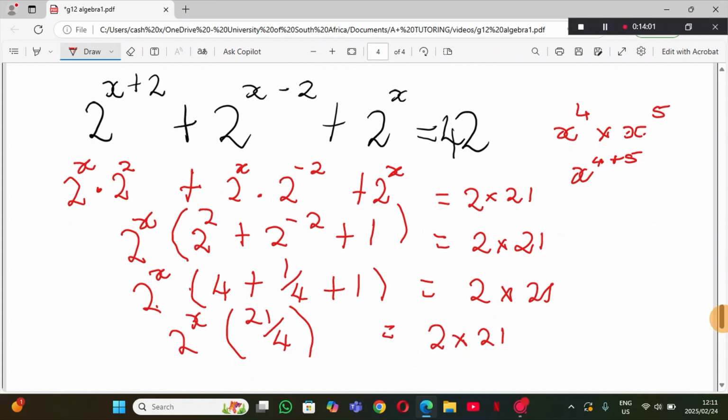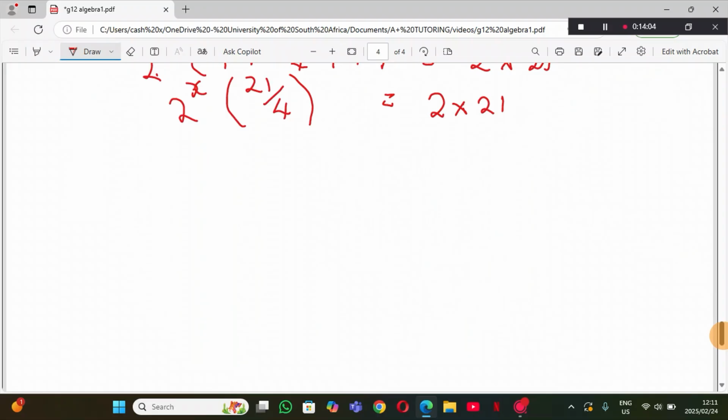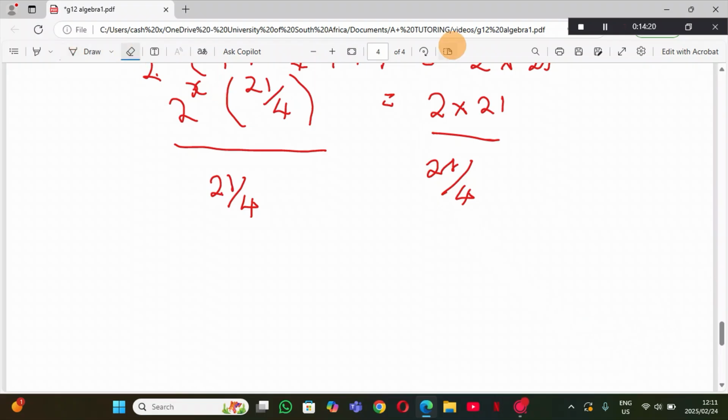So getting rid of that is me dividing both sides by it, right? Meaning I'm going to divide both sides by 21 over 4. Now in this case, you can still work with it as 42 and not rush to put it in factors like I did. Okay, so if we were to still work it as 42, it would make it easy for you to divide.